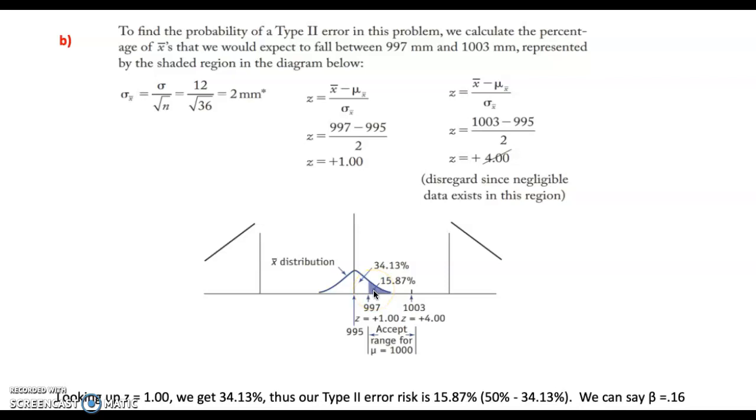So this tells us that our risk of a type 2 error when the mean shifts to 995 millimeter is going to be 15.87%. And we can say that beta is equal to, when you round 15.87 to 2 decimals, 0.16.